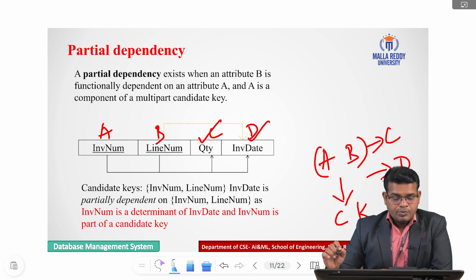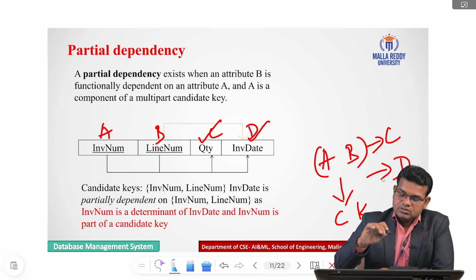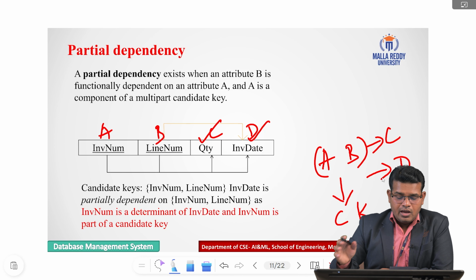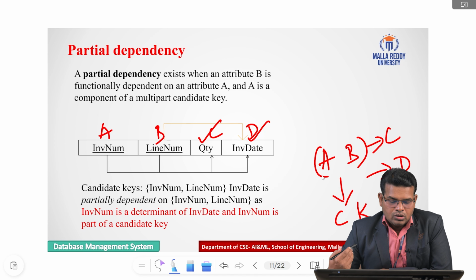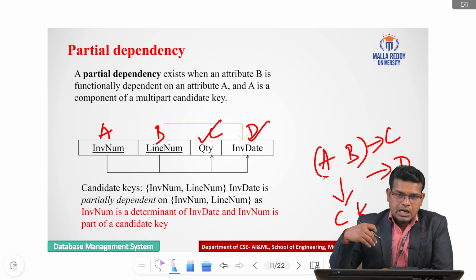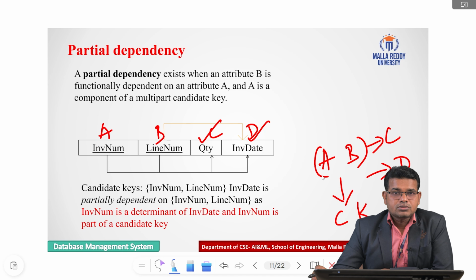Now, partial dependency is about being part of the candidate key. One more thing we have to know here is that the attributes which are part of the candidate key, that is, which are used to identify each row uniquely, are called prime attributes. The other attributes are called non-prime attributes.